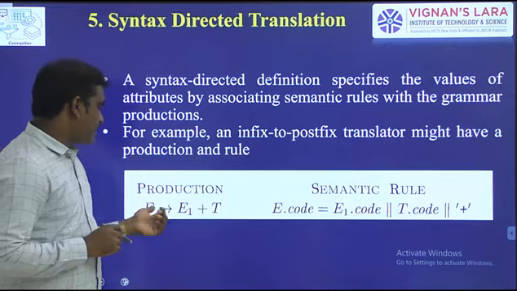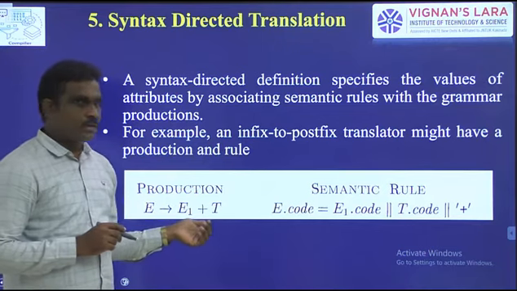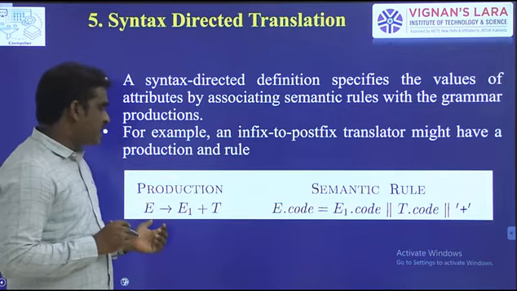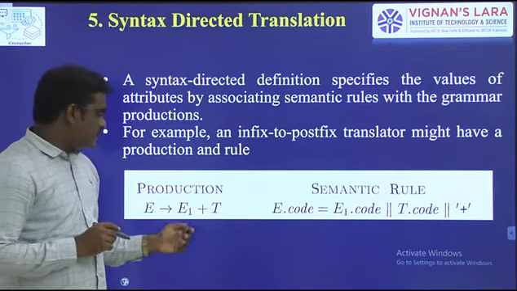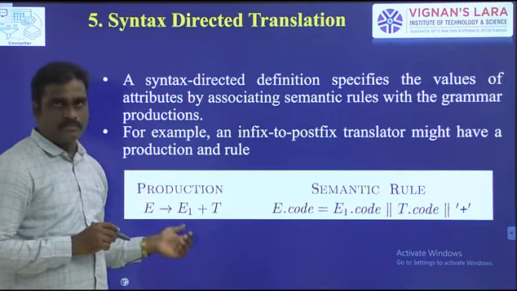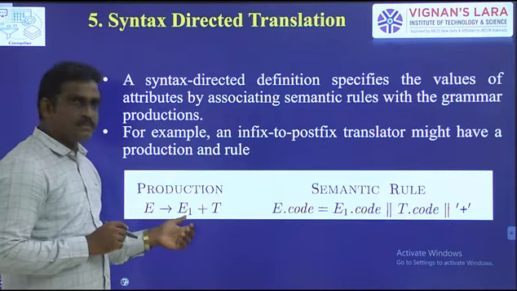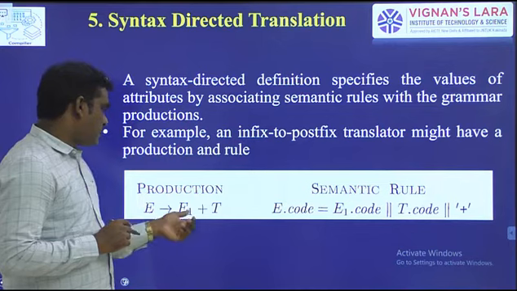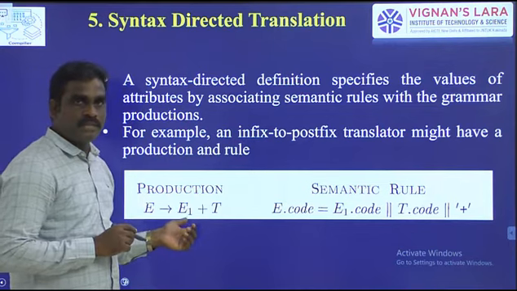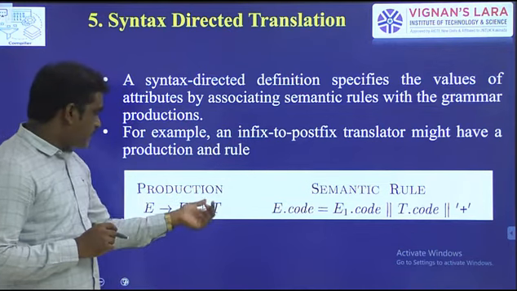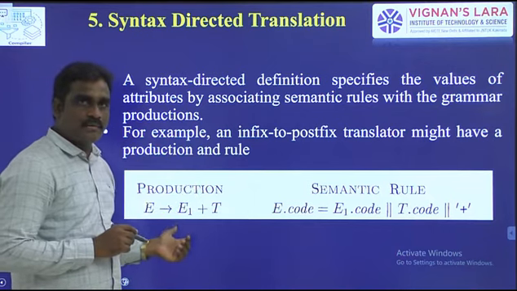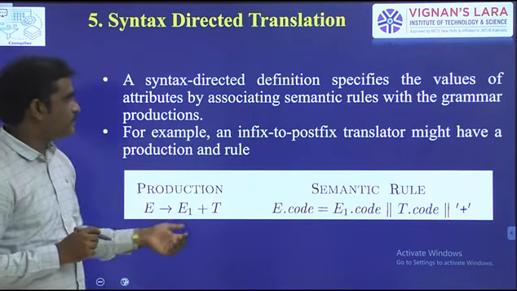Suppose the grammar is E goes to E1 plus T. So we have two non-terminal symbols, E and T. Both E's are the same; just for difference we give the subscript 1, E1. So in the given production, we have two non-terminal symbols.